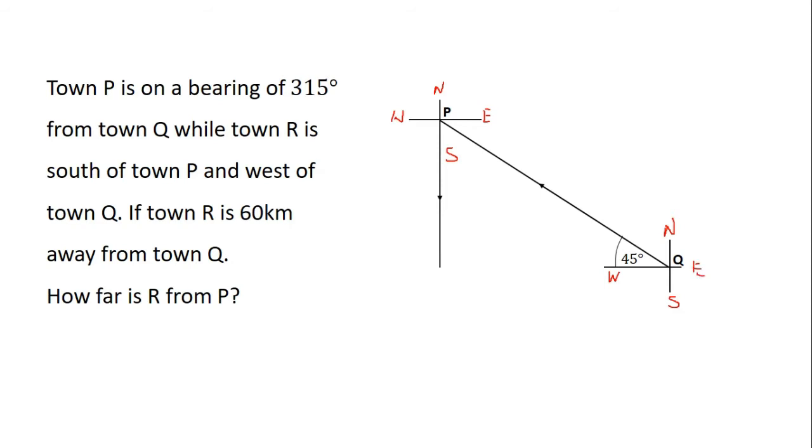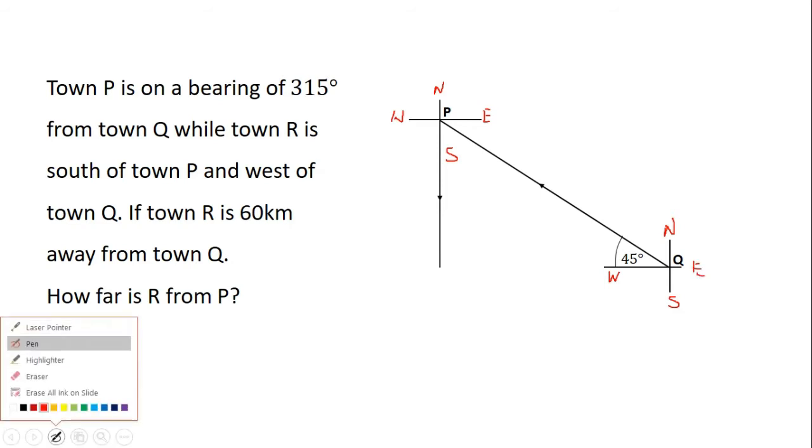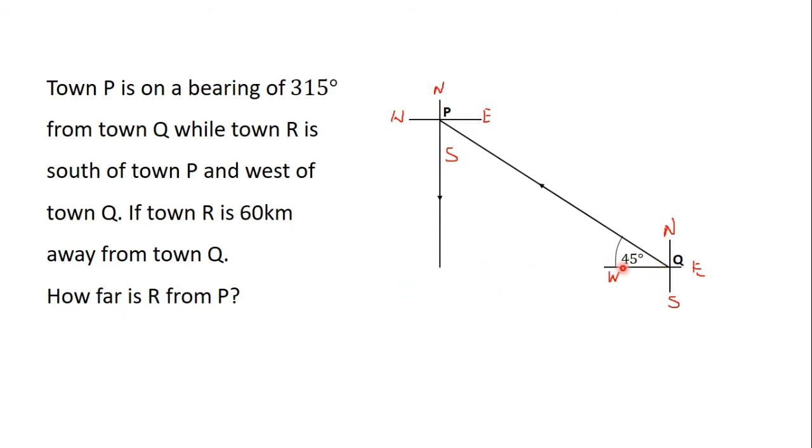The question says that town R is west of town Q. So if you are at town Q and move towards the west, you will go to town R. So town R will be west of town Q. You can see from here that it's going to meet this line at this point.